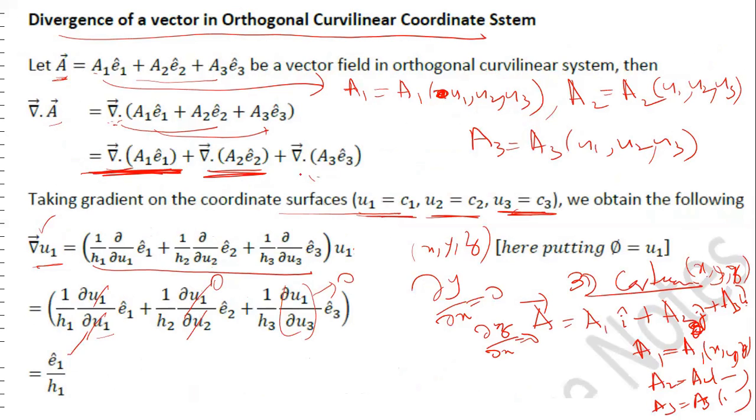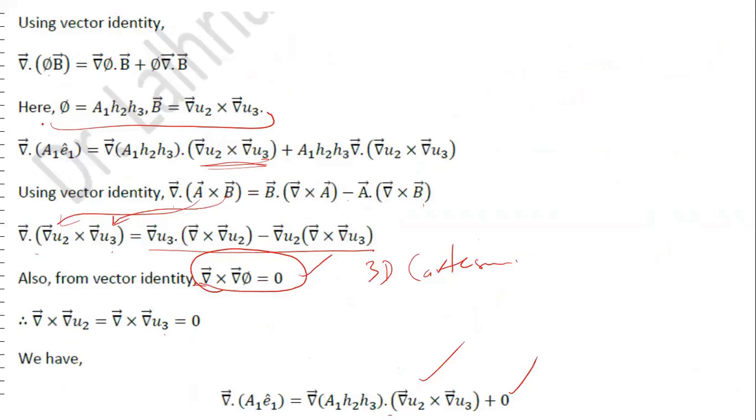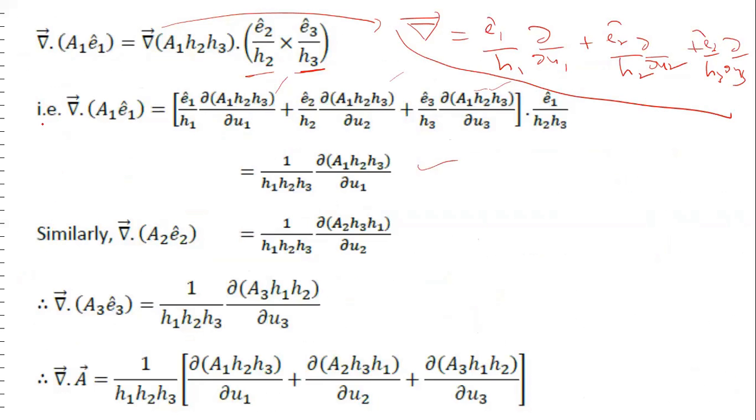And you have the second term and the third term here when you take the divergence of a vector. In the second term, divergence of A2 e2 cap, similar to the first term calculation, if you follow that, it will result in 1 upon h1 h2 h3, and this differentiation. And divergence of A3 e3 cap, the third term, it will result in this.